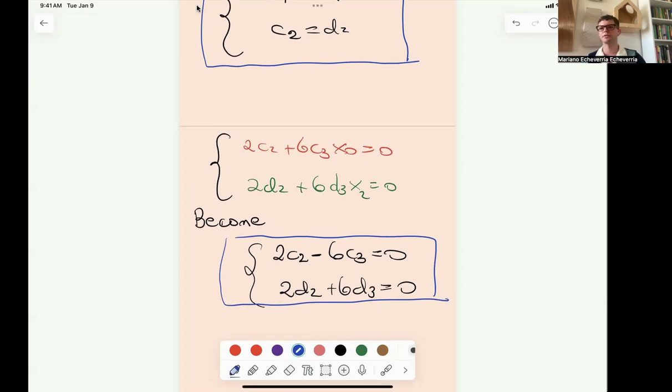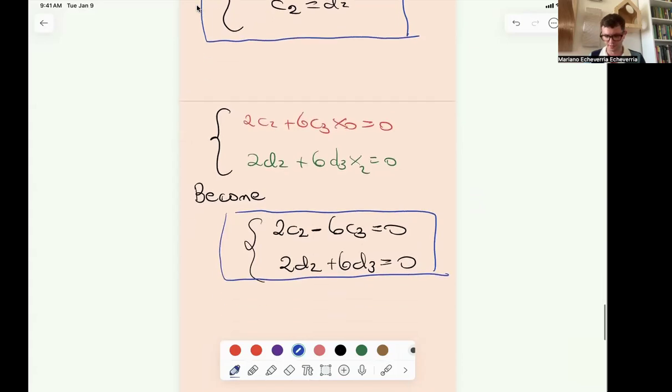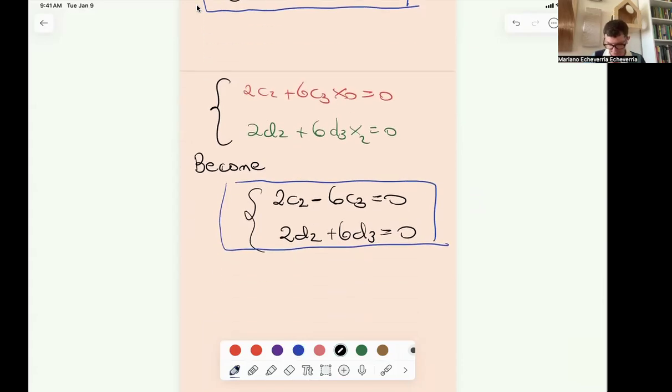Okay, so those are the ones that you would have to solve. I'll put everything together, but you'll see that we already have plenty of information. So the system of equations that you have to solve is not as bad. So we need to solve.